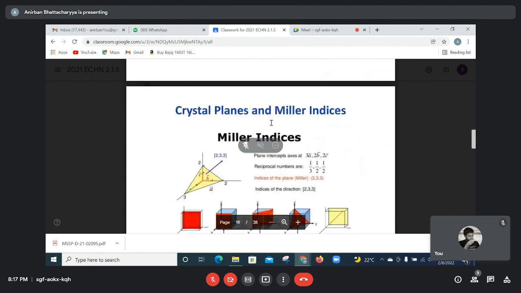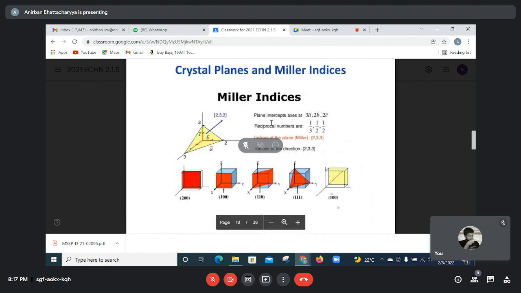And then we talk about something called Miller indices. So the crystal planes, they have different numbers. How do you know which plane is which? I want you to look at the second picture at the bottom. Can you see there's something called 100? Can you see the red plane? Where does the red plane cut the x-axis?